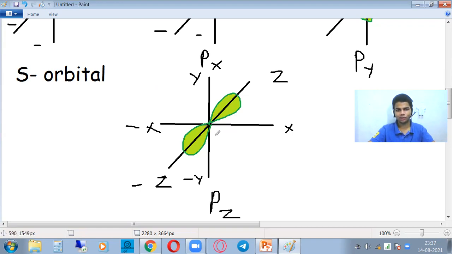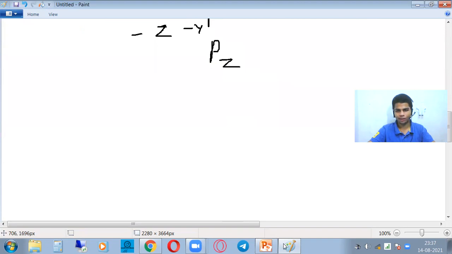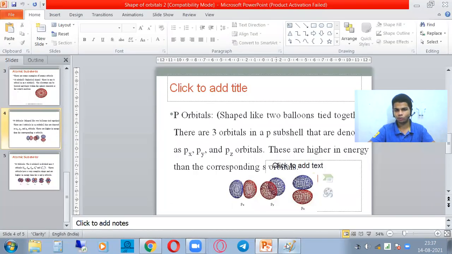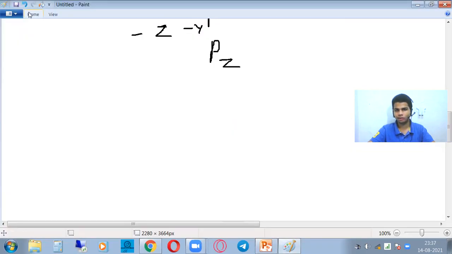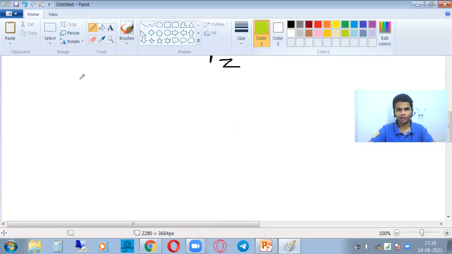Now let us see the structure of the d orbital, but before that let us see a little bit of theory as well. I just forgot to teach you one thing that I was saying about the energy level.